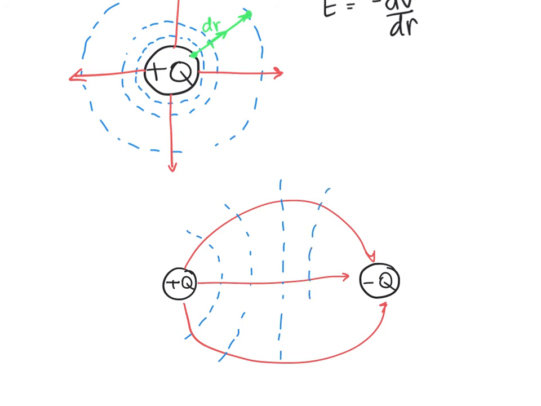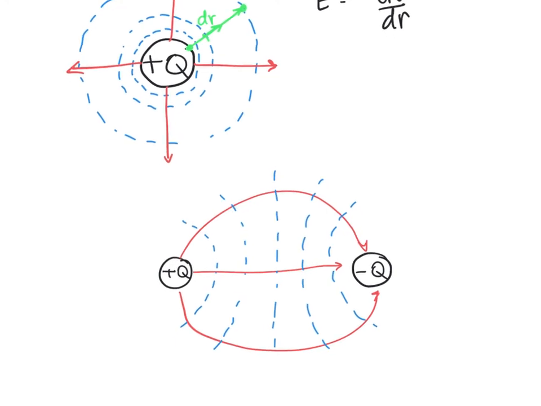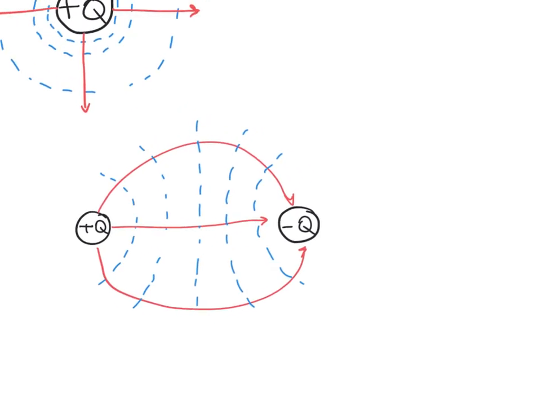So all of these are our equipotentials, and what's important to note is that there's not a uniform function here, and that it is dependent on x, y, and z.